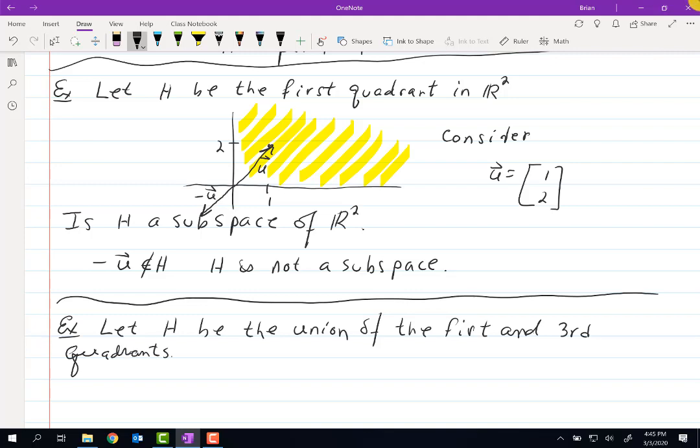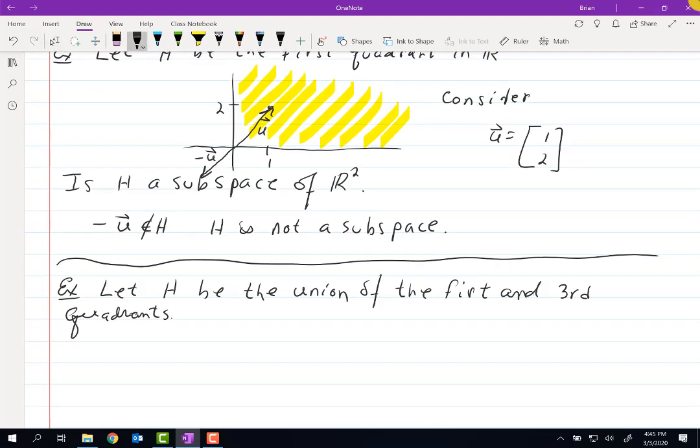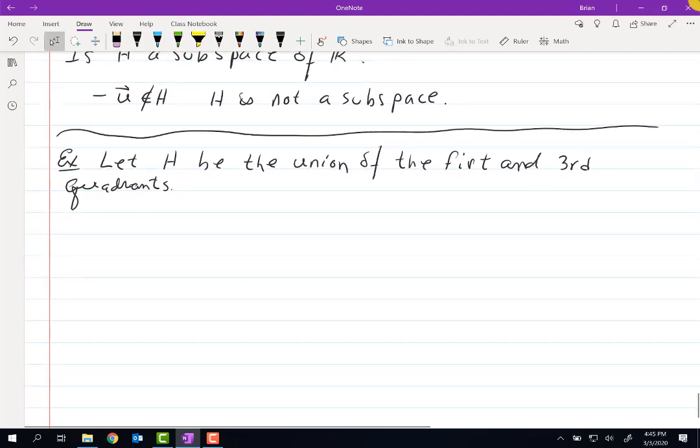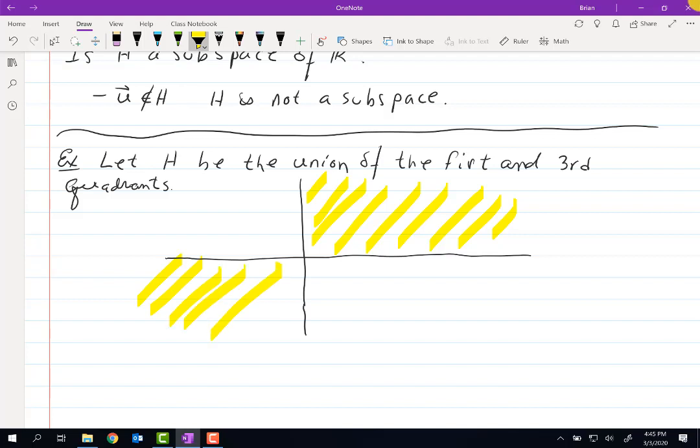So this time H is a little bit different than before. I figured since the negative of U popped into the third quadrant, if we include it, maybe we have a better shot of this being a subspace. So let's try it once again. Let me draw this line a little bit bigger and put this right about in the middle. And let me once again mark my territory with yellow to indicate these are the regions for H.